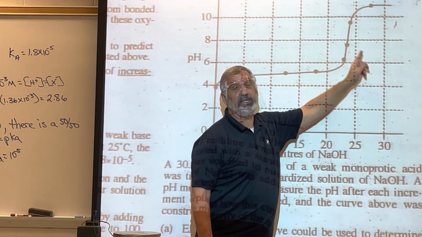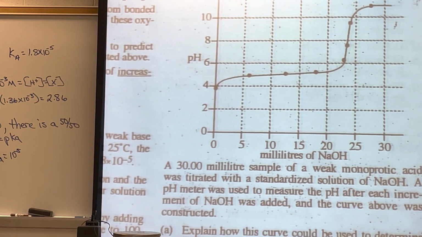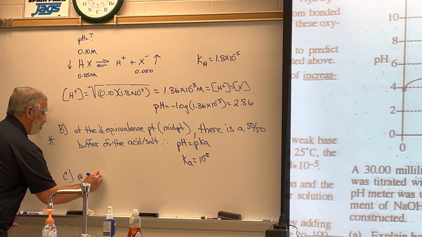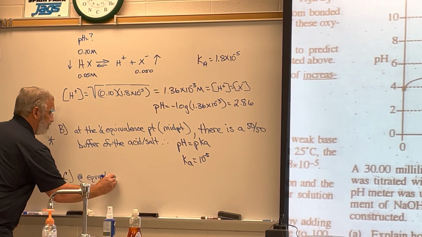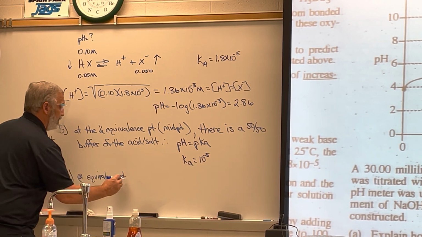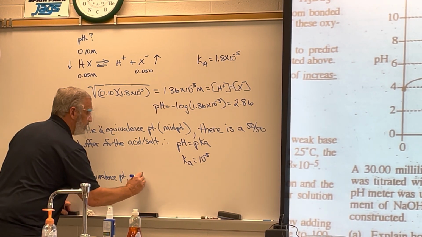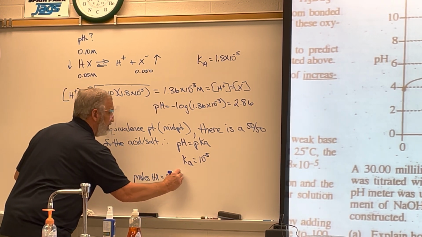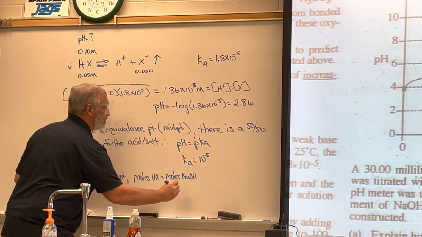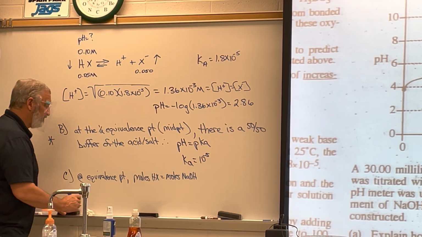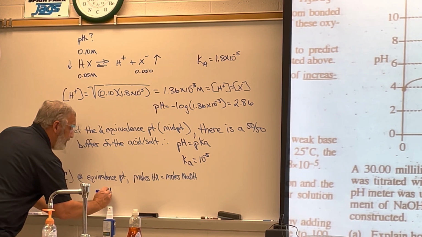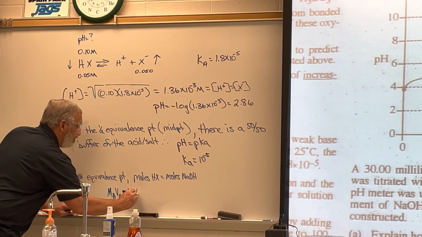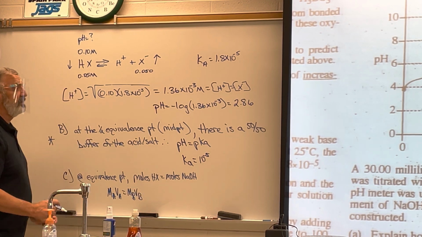At the equivalence point, that's where moles of HX equals moles of NaOH. And we can figure out the molarity, MaVa is equal to MbVb. Okay?